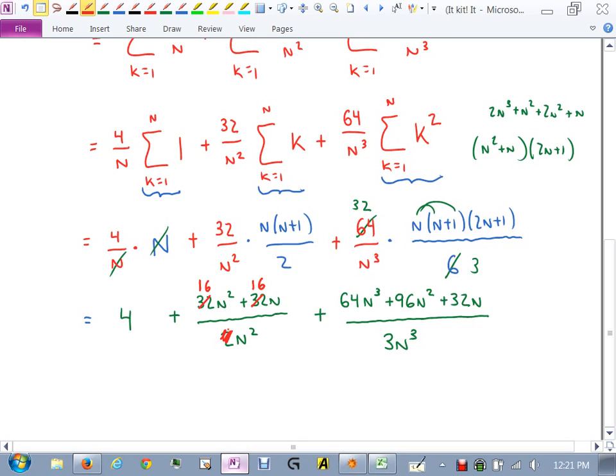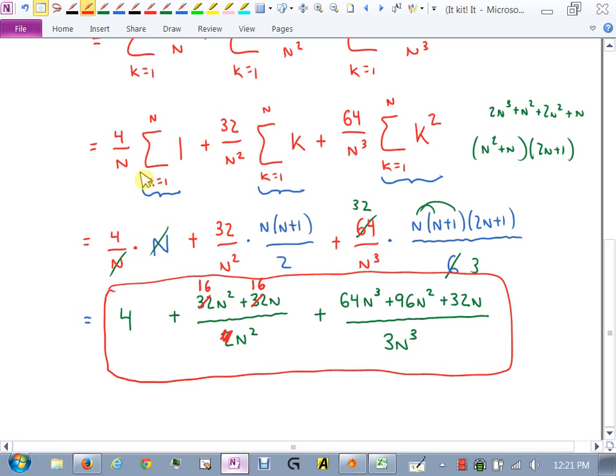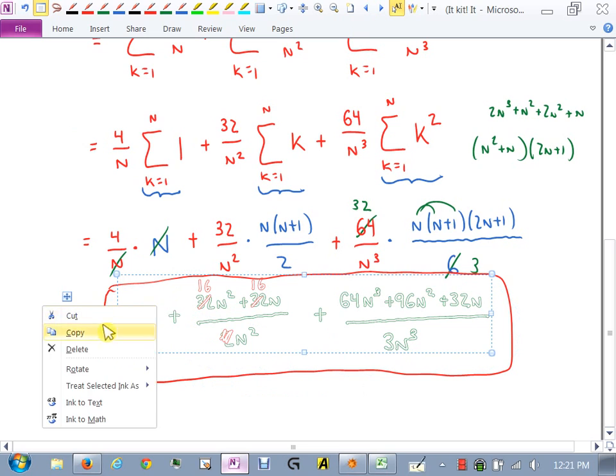We would want to let the number of rectangles become infinite. And so now what we're going to do is define the true area. We're going to look at this expression, and we're going to let n go to infinity. Right? So this is the answer to that problem. This is our formula. But to get the true area, I'm going to grab this thing and take it to the next page.